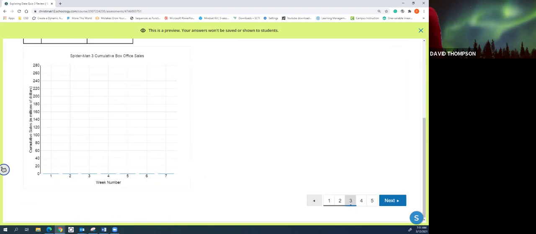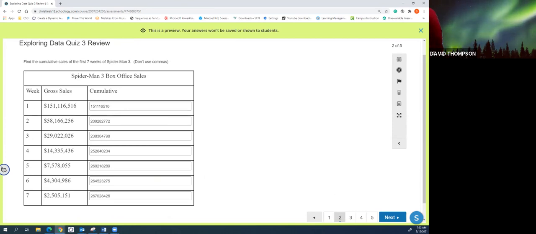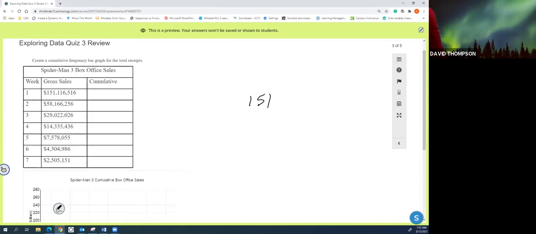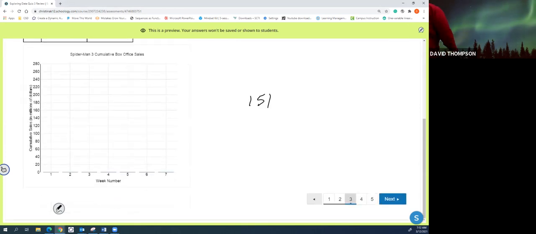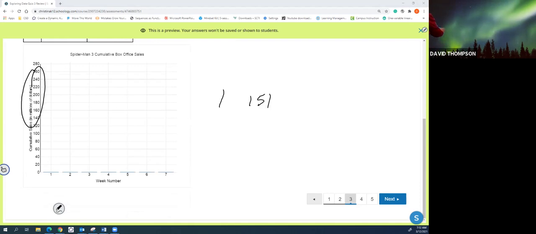So what we have to do is go back to question 2 and get our answers. So in question 2, I'll just write, we want the first 3 because if we look at the table, it says it's in millions of dollars. So week 1 is 151.